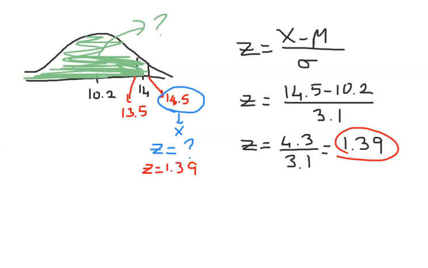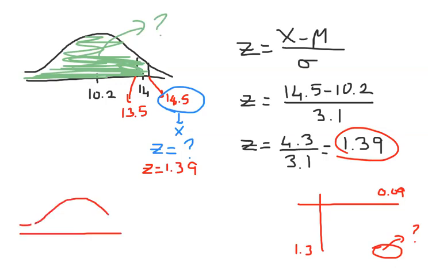What am I going to do with this 1.39? I have to go back to my z-score table. When you look at the z-score table, as you all remember, we have the values 1.3 and 0.09, where these two intersect over here somewhere is the value which we are looking for. And that value is going to give us the area between the mean and 1.39, this area.